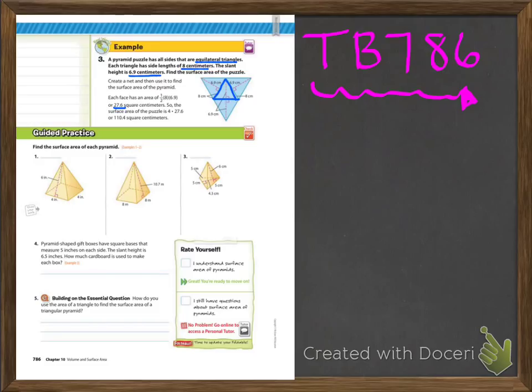So the surface area of the puzzle is 4 times that, because you have 1 face here, 2, 3, and 4. You take that answer of 27.6 and multiply it by 4, and then you get the final answer of 110.4 square centimeters. So that's all I'm really going to do on that slide.